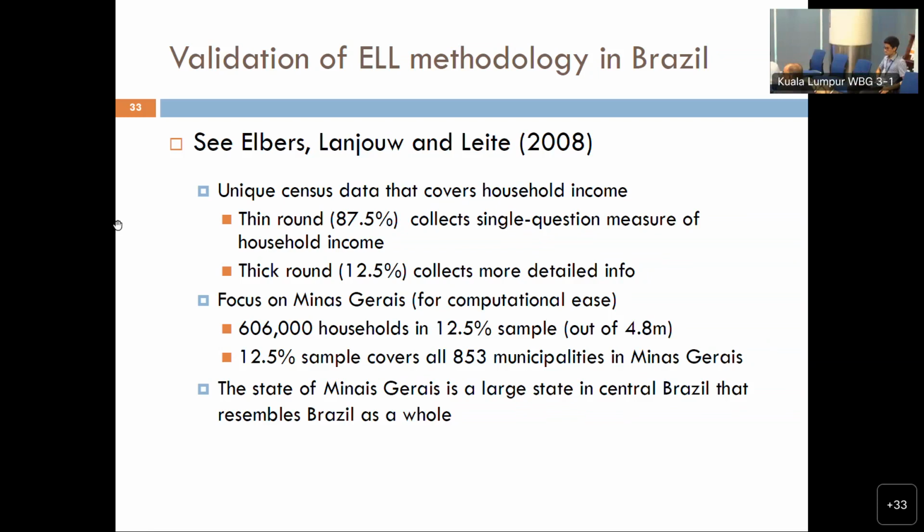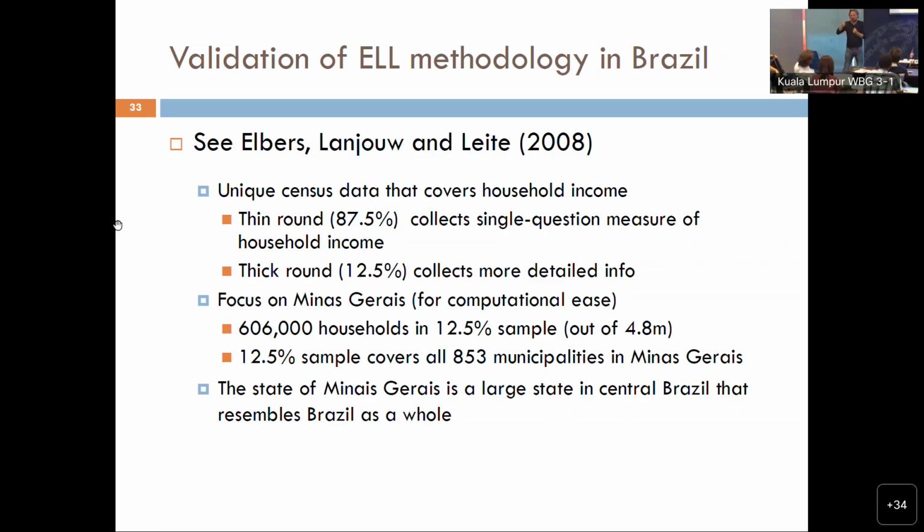This is purely a test of the methodology, and they use the income measure that is in the census. They draw a fake survey out of the census using the exact same data, so that you are, by construction, comparing against the exact same measure of income poverty, to allow for a clean comparison.